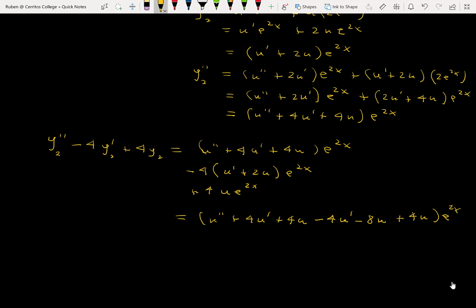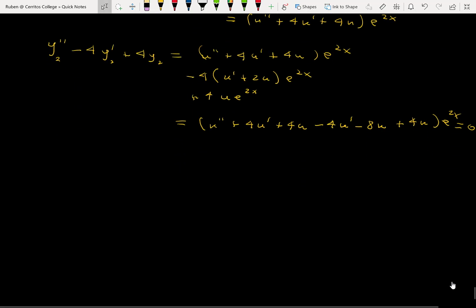And that's the left-hand side of the differential equation. The right-hand side of the differential equation is 0. So let's simplify and move forward.